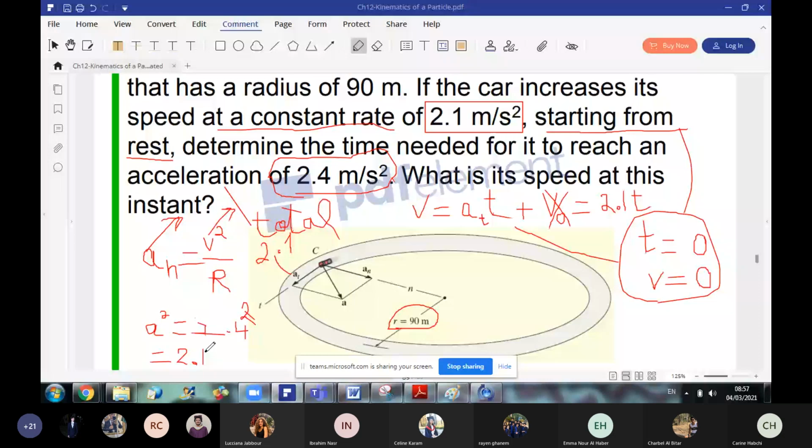Now for an, I will replace the velocity by its expression.